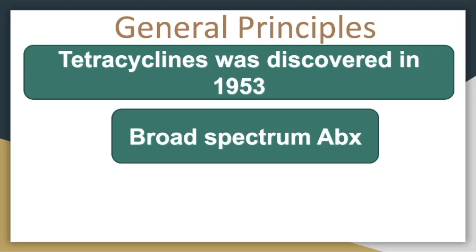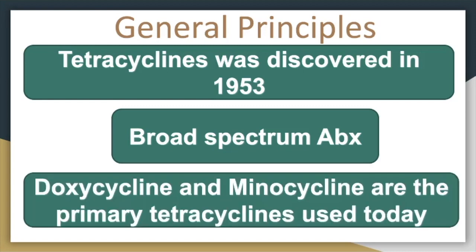They have a little bit of anaerobic coverage because they will cover Bacteroides fragilis, and they also will cover atypical infections. However, currently doxycycline and minocycline are the primary tetracyclines used today. Doxycycline and minocycline are considered second generation tetracyclines. There may be some instances where people use other tetracyclines, but primarily it's doxycycline and minocycline that are used today.